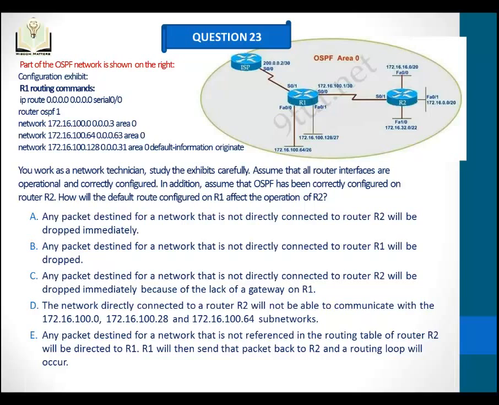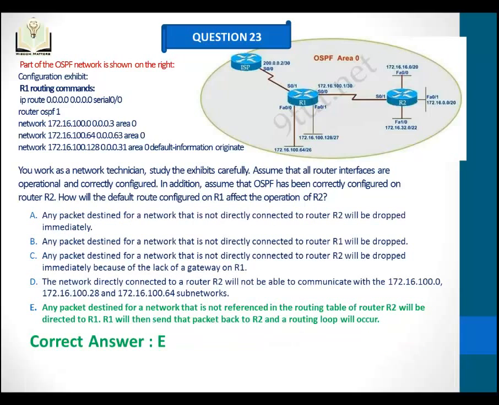R1 will then send that packet back to R2 and a routing loop will occur. And the answer is E: any packet destined for a network that is not referenced in the routing table of router 2 will be directed to R1. R1 will then send the packet back to R2 and a routing loop will occur.